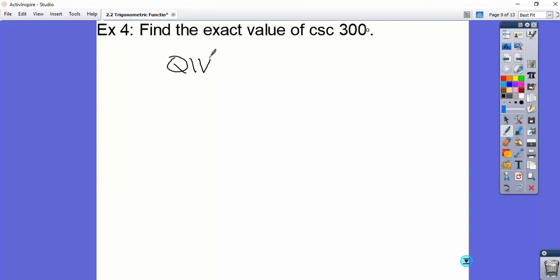Quadrant 4. Reference angle, so 360 minus 300 is 60. Okay, if I'm doing cosecant, if I want to use my hand trig, what trig function am I going to think about?